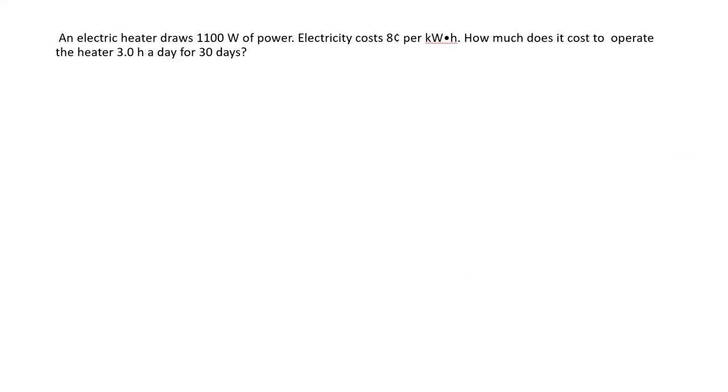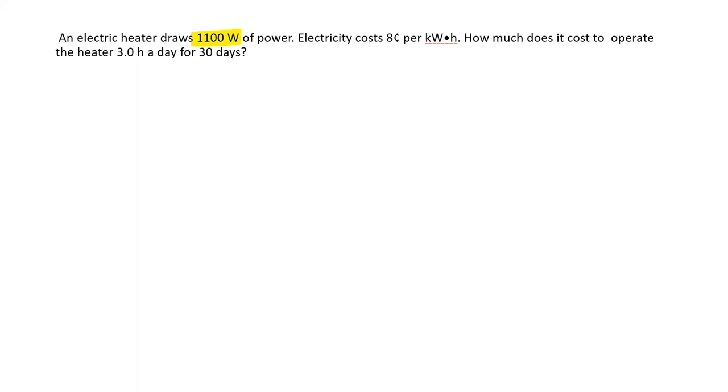All right, an electric heater draws 1,100 watts of power. It costs 8 cents per kilowatt-hour. How much does it cost to operate the heater for 3 hours a day for 30 days? Well, I don't need my power formula for that.